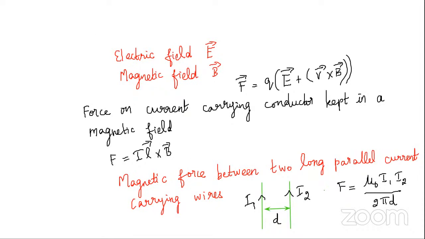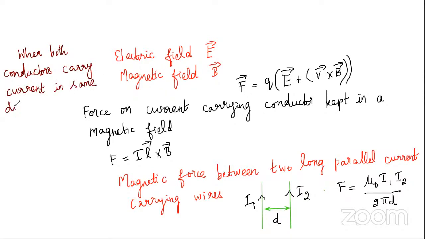So actually the concept is, when both conductors or both wires carry current in the same direction, they attract each other.